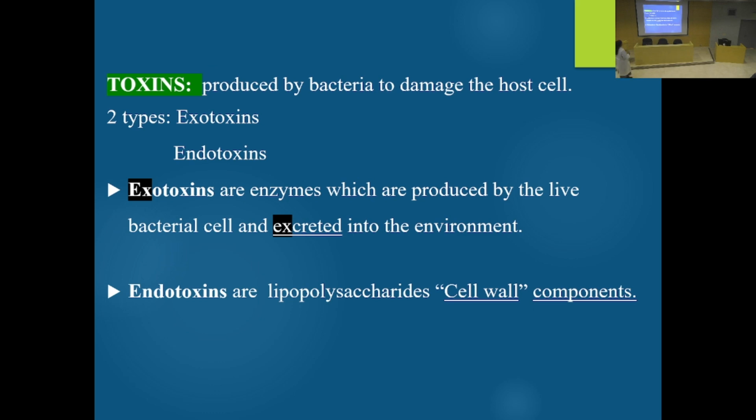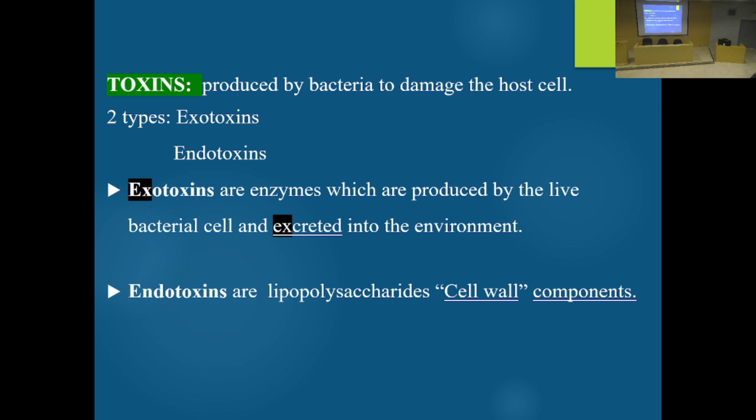Now coming to toxins. Bacteria produce different types of toxins. One you have already studied, that is endotoxin. And this endotoxin is made up of lipopolysaccharide, and this is present in all gram negative cell walls. Okay? Remember that.